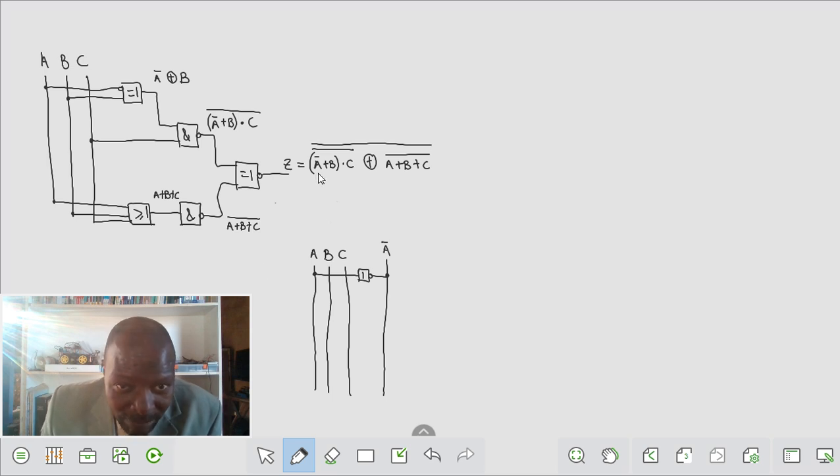I can't start outside; I have to start inside here. There is a bracket there, we can't separate that. For that bracket, we have NOT A or B, so it means we have an OR gate, and the input there is NOT A or B.